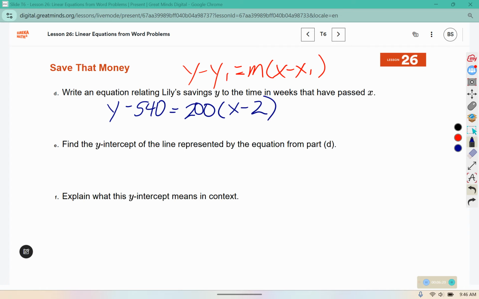E says find the y-intercept of the line representing the equation from part D. So we're going to solve it for y to find the y-intercept. 200 times negative 2 would be negative 400. Oops, that should say 540. Then we'll add 540 to both sides.